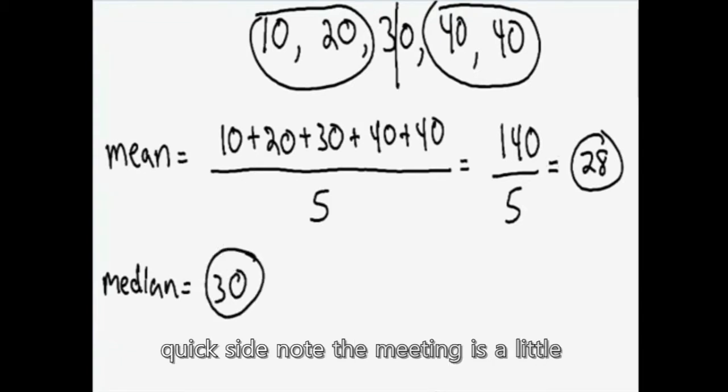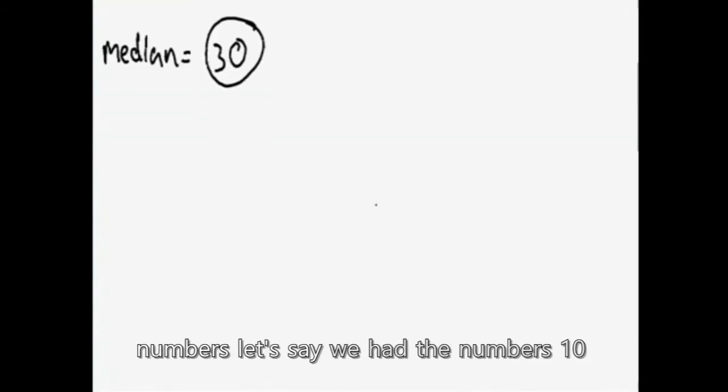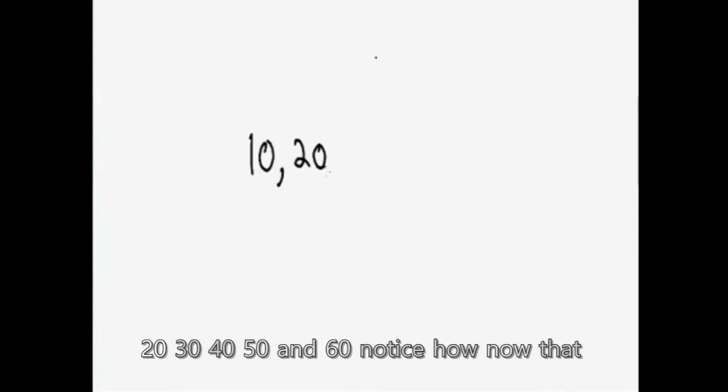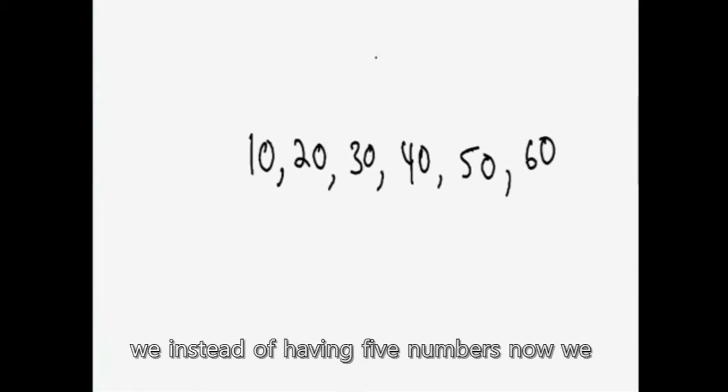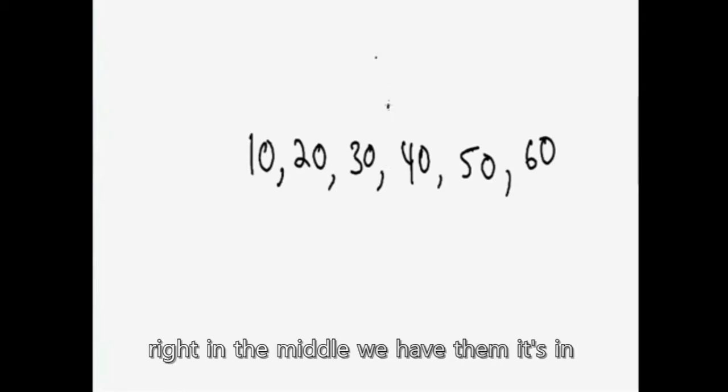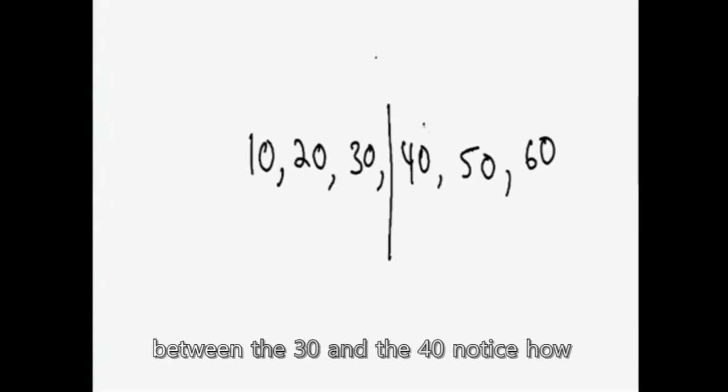Just a quick side note, the median is a little different if you have an even set of numbers. Let's say we had the numbers 10, 20, 30, 40, 50, and 60. Notice how now instead of having 5 numbers, we have 6. If we try to find the number that's right in the middle, it's in between the 30 and the 40.